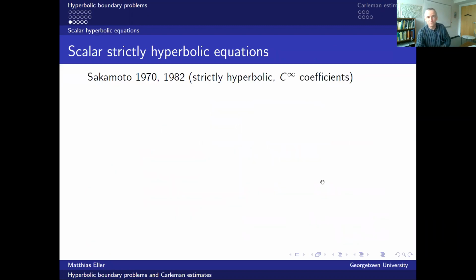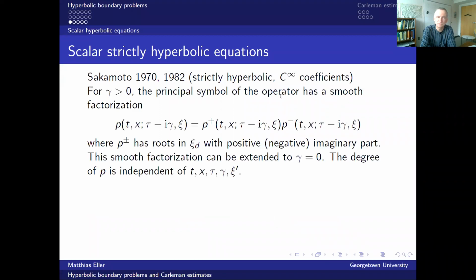Now, a few words about strictly hyperbolic equations. This was a theory developed in parallel, mainly by Sakamoto, who wrote a very nice book about it in 1982. It's actually self-contained, a very good description. And similarly to the stability of the stable subspace, here you have essentially the factorization of the principal symbol.